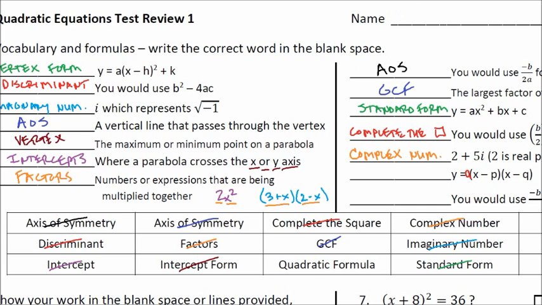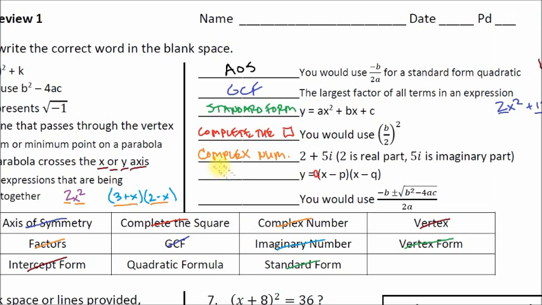Let's do that. So intercept form quadratic. So I'll just put this as intercept form. Remember, intercept form doesn't have a squared exponent because it's been factored. Standard form does not have parentheses.